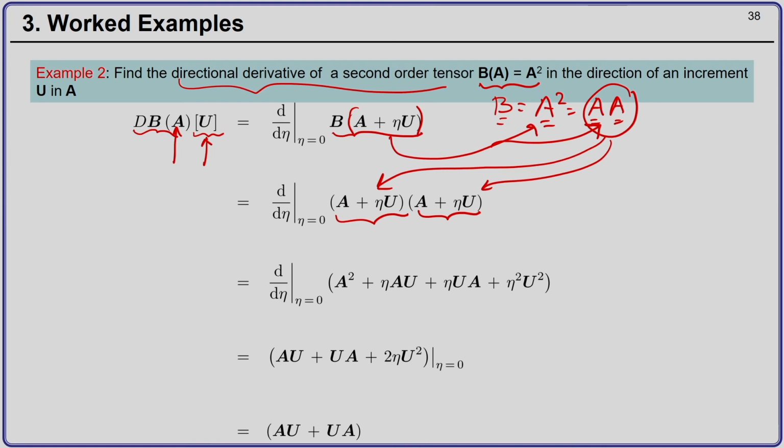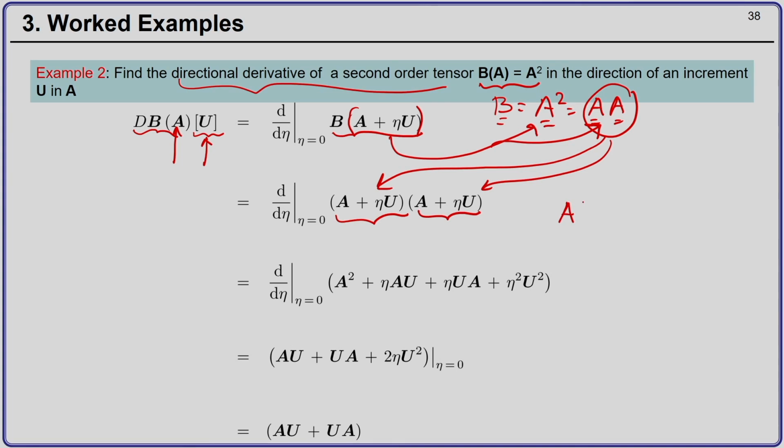Remember, the order of multiplication for two tensors is very important. What it means is a multiplication of two tensors A and B will not necessarily be equal to B into A. So, we have to maintain that order.